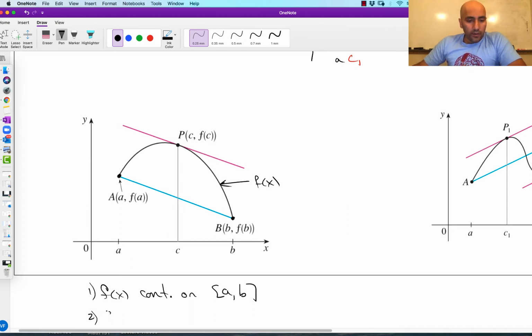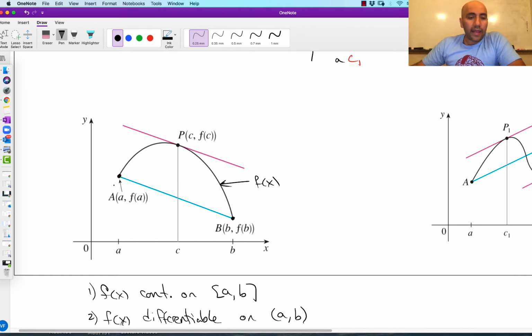Two, f of x is differentiable on the open interval from a to b. And we can see that it is. It's continuous, so that's almost there, but also there's no sharp corners anywhere. So that's fine. It's smooth and continuous, therefore differentiable everywhere.